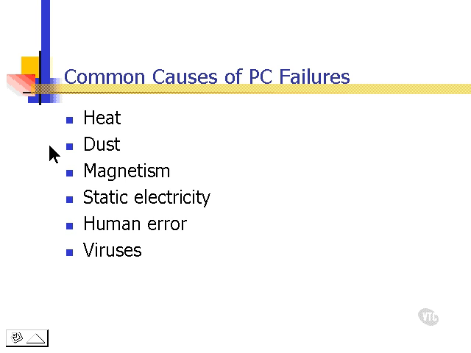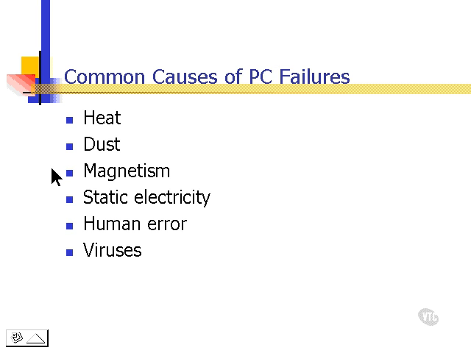Older PCs suck air in through the fan to cool the system. But when they suck air in, they will also suck dust in if they're in a dusty environment. So we need to use a newer PC that blows air out, especially if we are in a dusty environment.